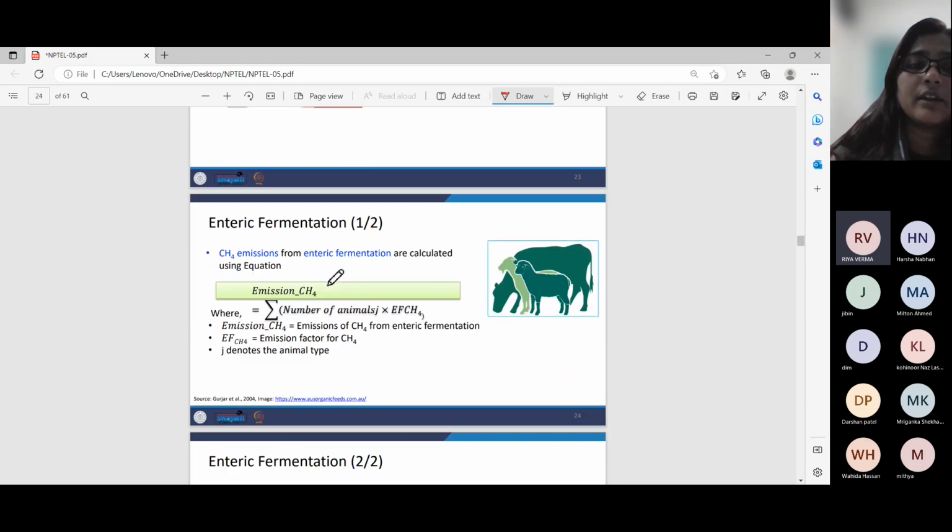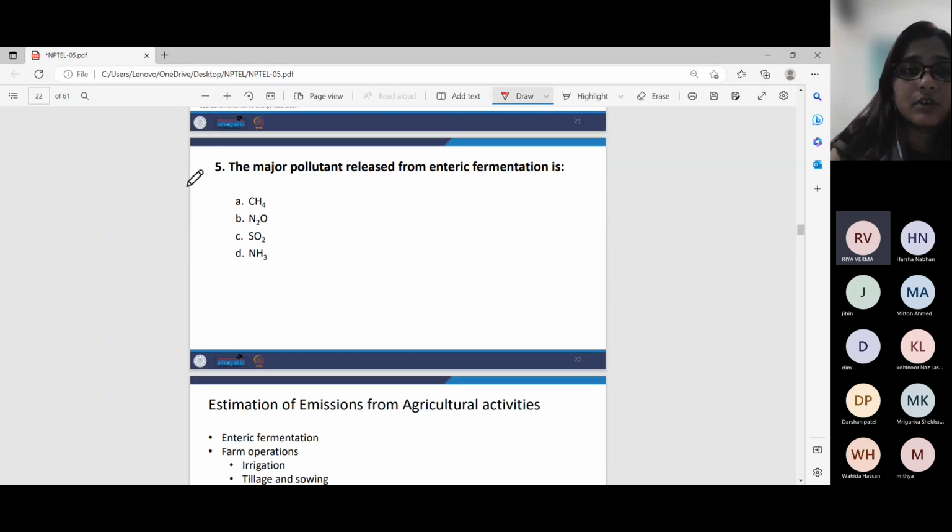Now, so your enteric fermentation. Basically, the enteric fermentation includes the emissions of methane gas, CH4, and the equation here estimates the emission of CH4 as the summation of the number of animals multiplied by EFCH4, where EFCH4 is the emission factor for methane emissions from enteric fermentation, and J denotes the type of animals.